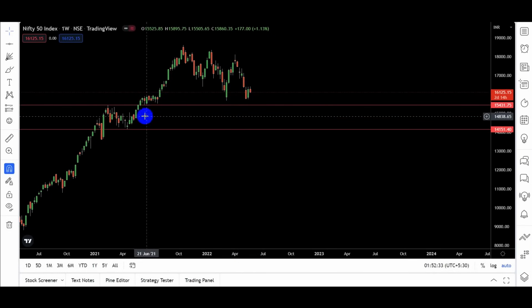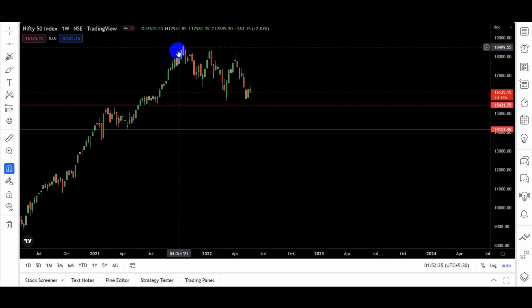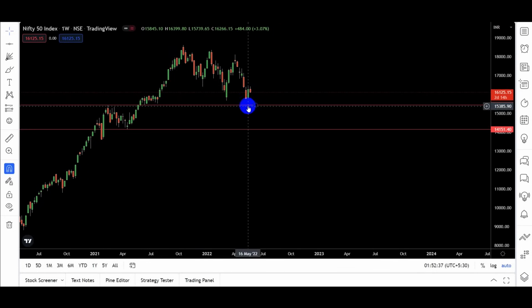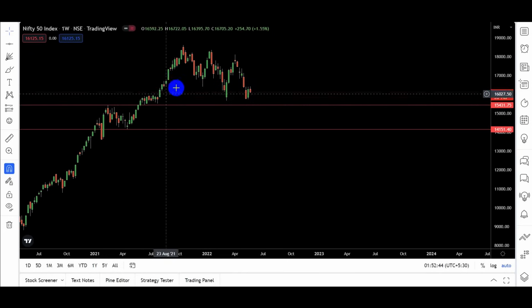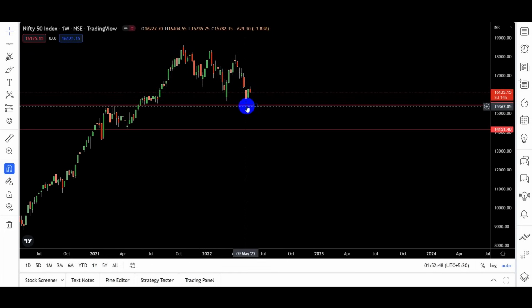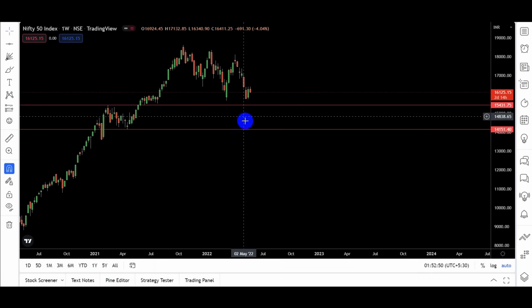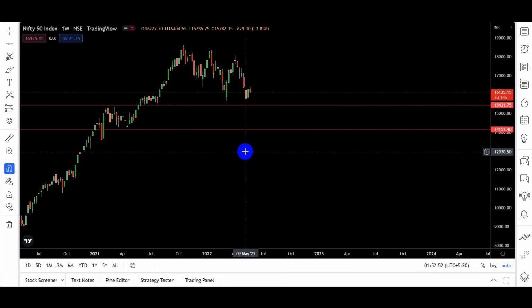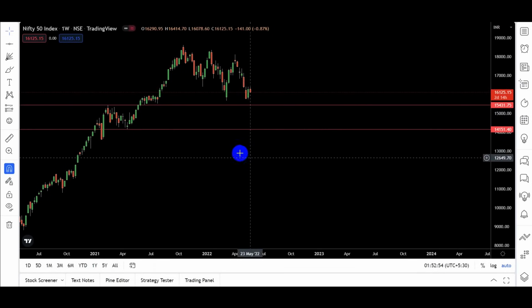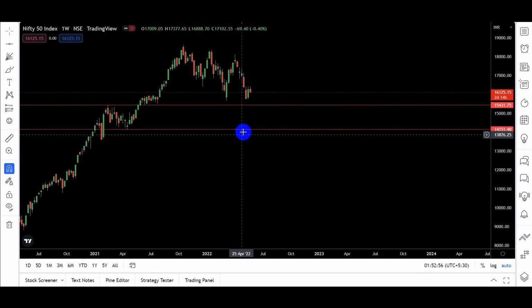If it breaks, this is the starting point of this particular trend up, so it could actually come here. There is also a high here. From there it actually held, but it didn't retest in the past, but it's likely to test here and stop. But even if the price didn't hold here, it is likely to go to 14,150 around this low.